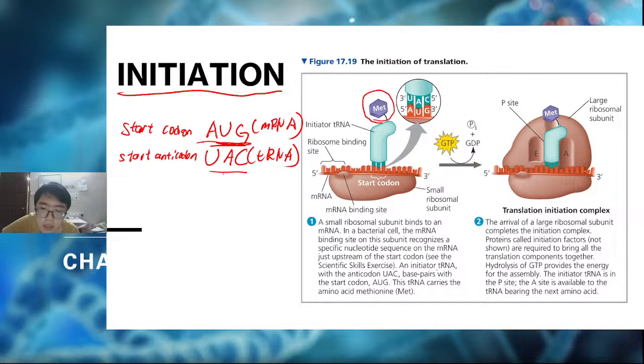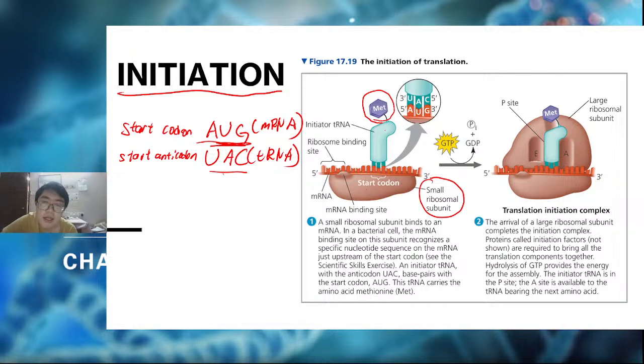Okay, and the initiator tRNA with anticodon UAC base pairs with the start codon. The tRNA carries the amino acid methionine, so it will bind to there. Okay, so firstly, our small subunit will bind to mRNA, and after the mRNA is bound, the activated amino acid tRNA that carries methionine will also come to find the start codon AUG.